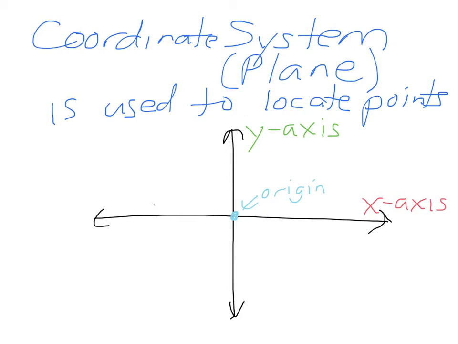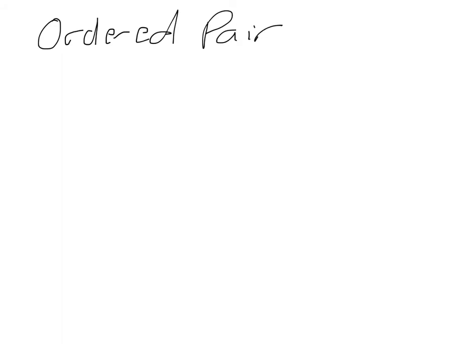Good. So everyone understands that an ordered pair is a point that is labeled with an X and a Y, with an element of the domain and the element of the range.